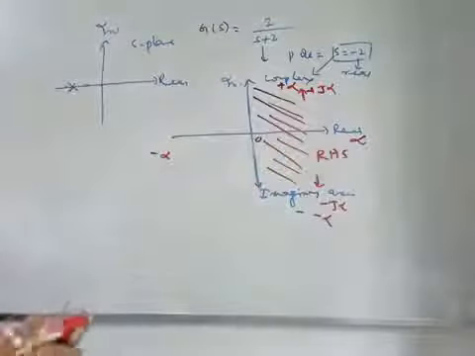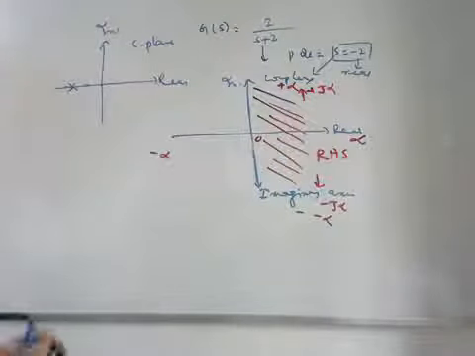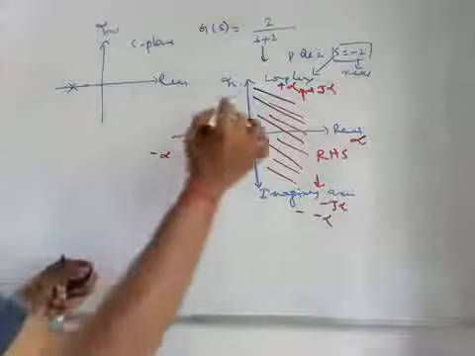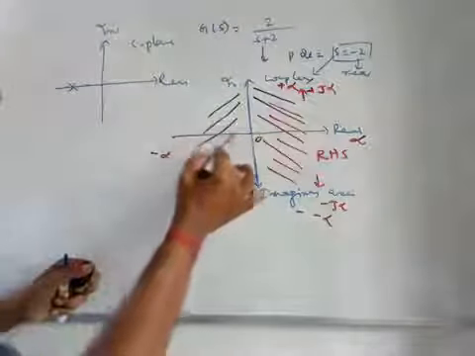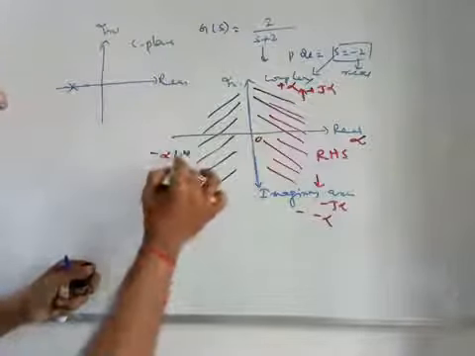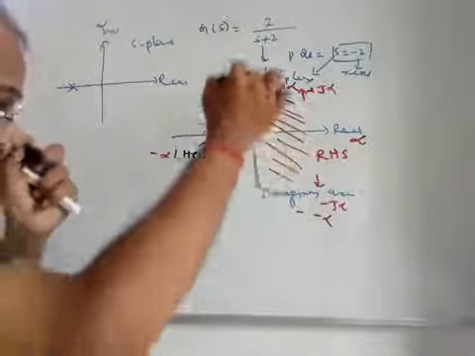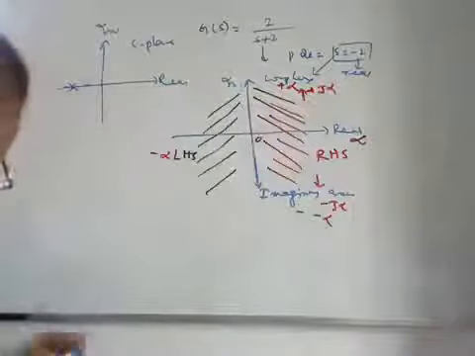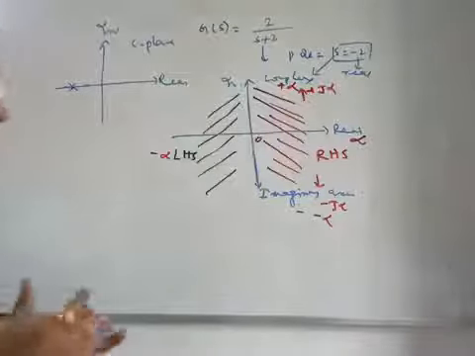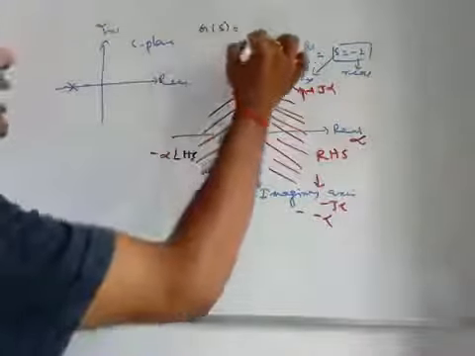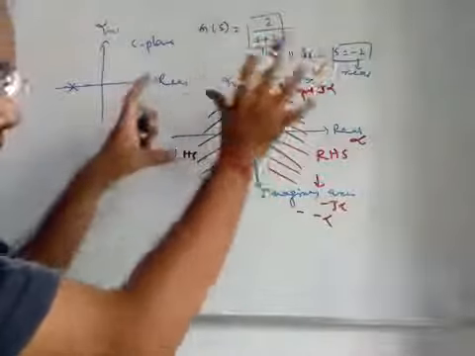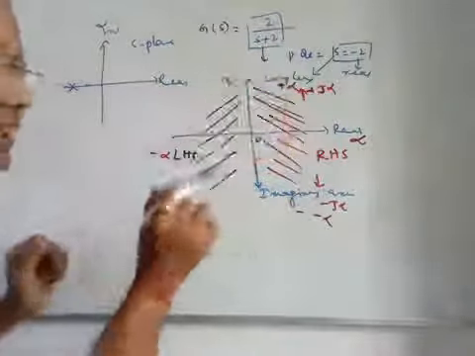Similar to that, if you consider the left hand side, this is the left hand side of the S plane, and in between these two there is an imaginary axis. That means how these pole locations are actually varied over this entire S plane.